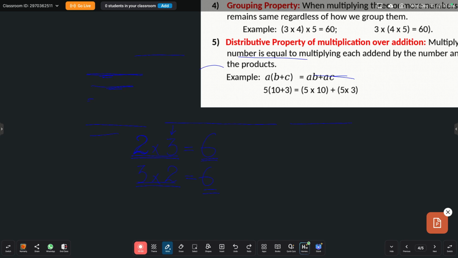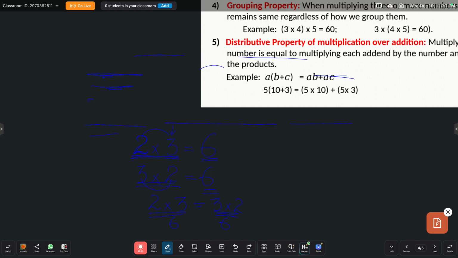Whether we write 2 into 3 or 3 into 2, the result will be the same. It means that 2 into 3 will be equal to 3 into 2. In both cases, the answer will be 6.